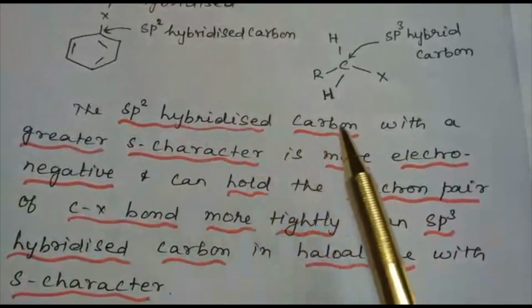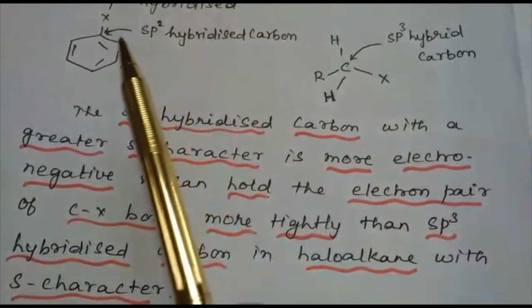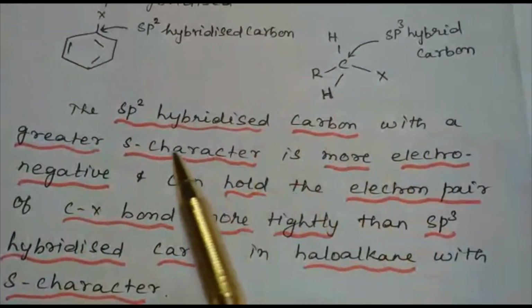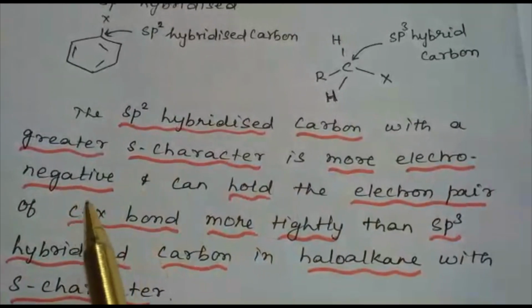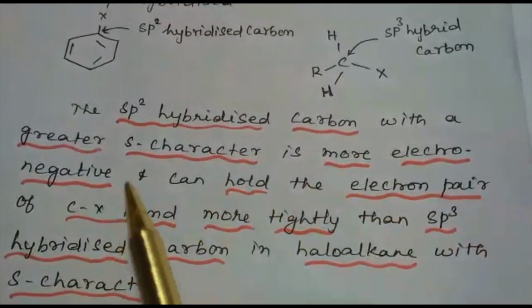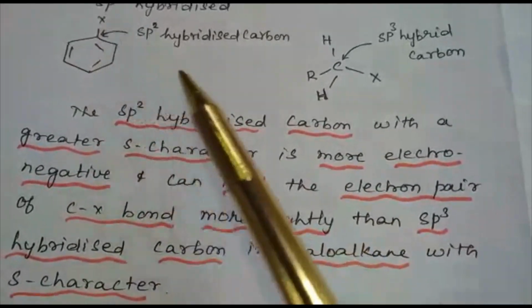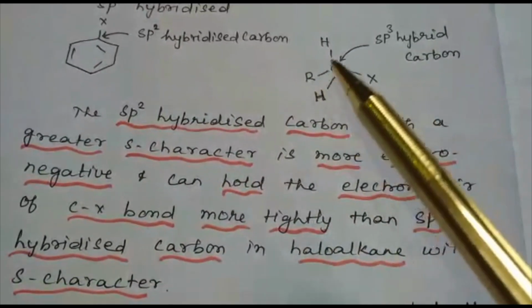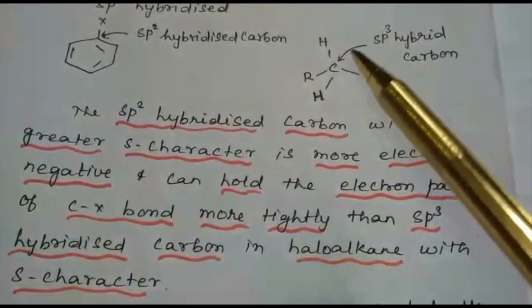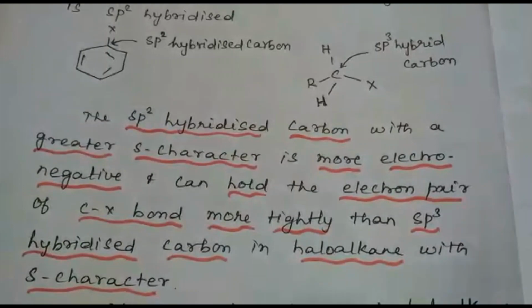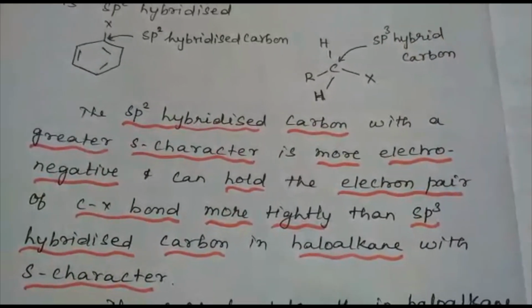The sp2 hybridized carbon, with greater s character, is more electronegative and can hold the electron pair of the C-X bond more tightly than the sp3 hybridized carbon in haloalkane, which has less s character.